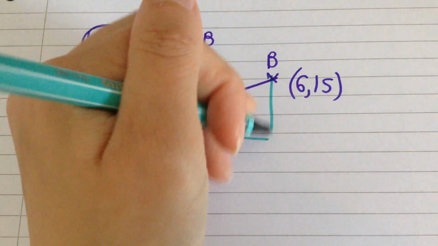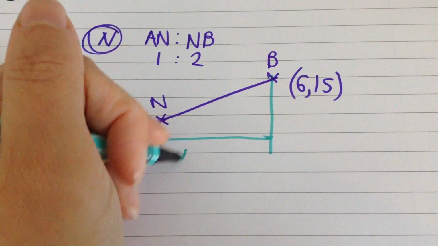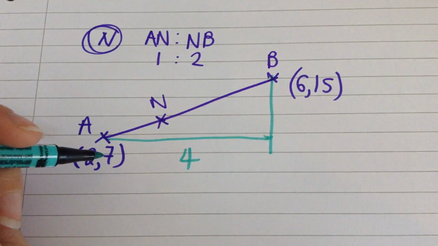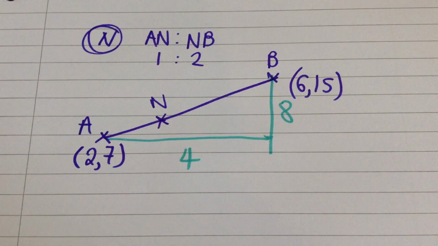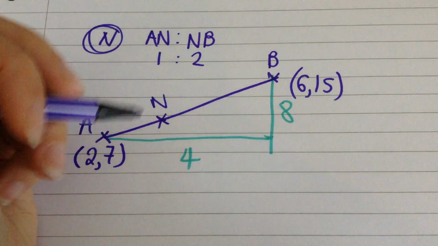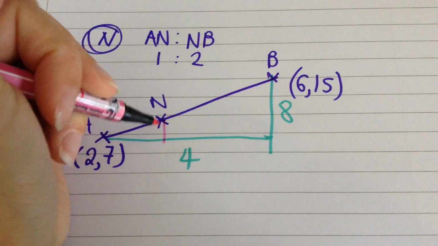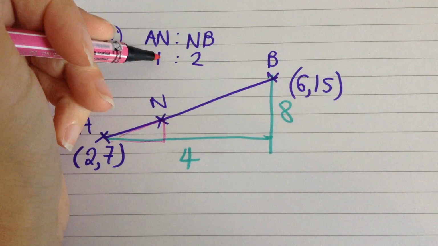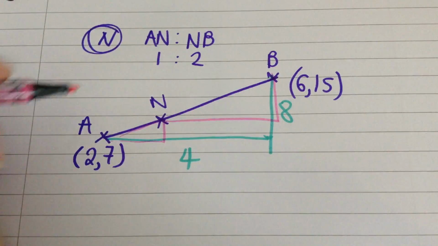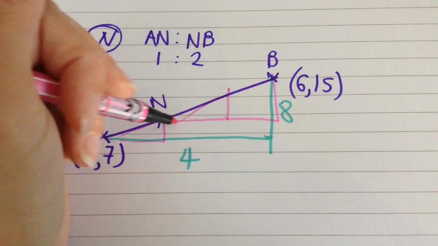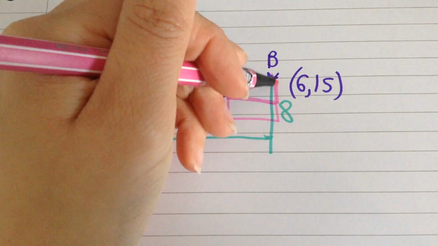From here to here, the step is 4, it goes from 2 to 6, and the rise goes from 7 to 15, which is 8. If I wanted to split this so that this triangle is 1 part and this triangle is 2 parts, it's like double this triangle, like doing this triangle twice.